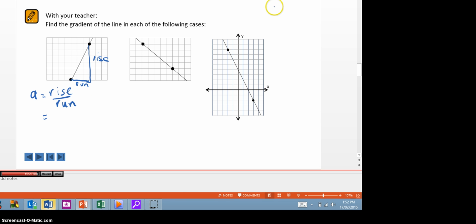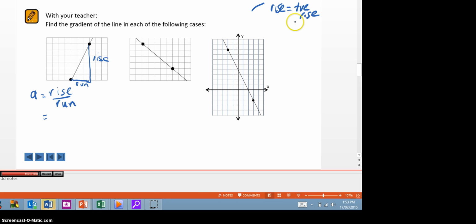So your rise, if you have a positive slope, and you can tell if this is a positive slope, is as you go from left to right, it rises up. Okay, you have a positive rise.